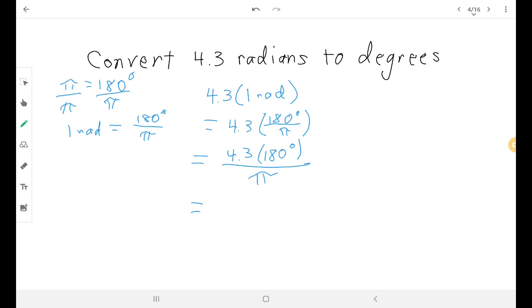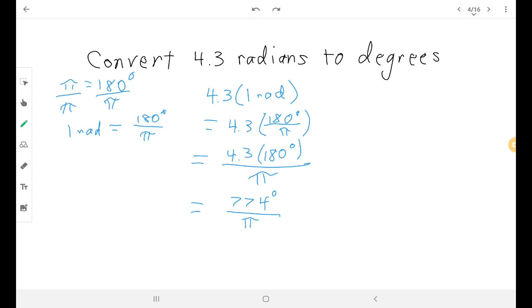4.3 times 180 is 774 degrees over pi. And then I could divide that by pi, or an estimation for pi if they tell me to use that, whatever.